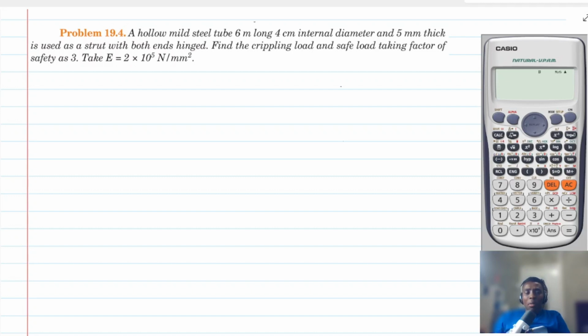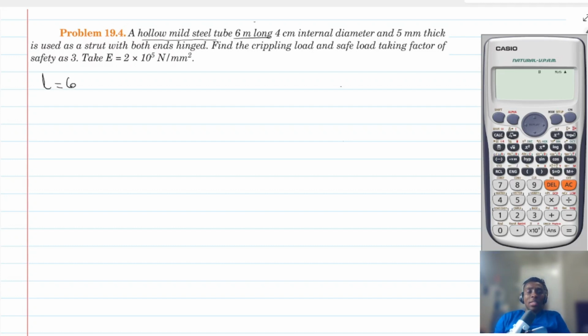All right, so in this video I want to solve a simple question to illustrate the Euler load with you. Basically in this problem we have been given a hollow mild steel tube which is 6 meters long.